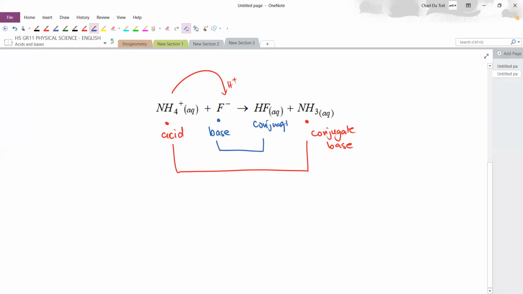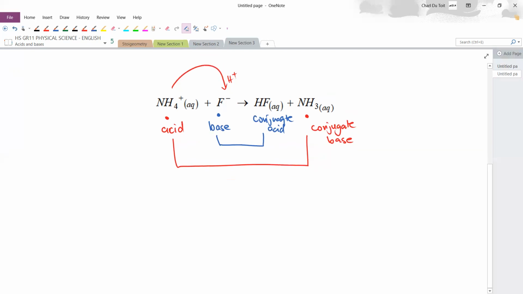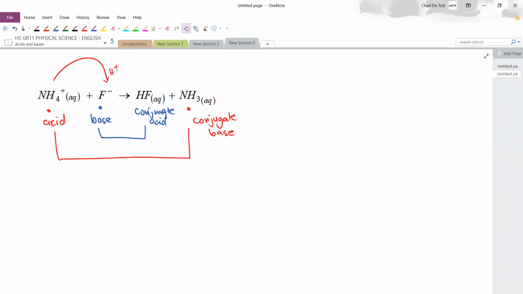Now in the exam, they might ask you to write down the conjugate acid and base pairs. In other words, they can ask you, write down the conjugate acid and base pairs.